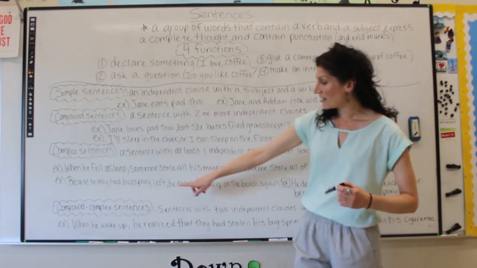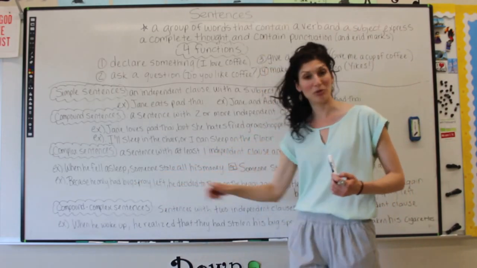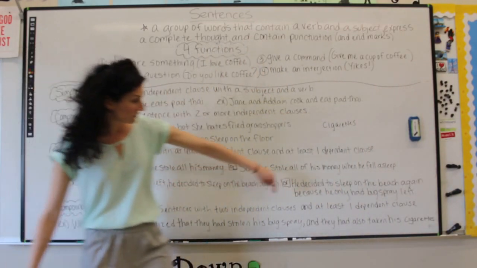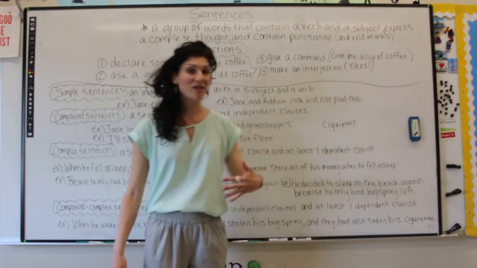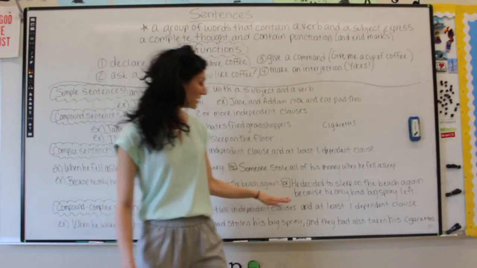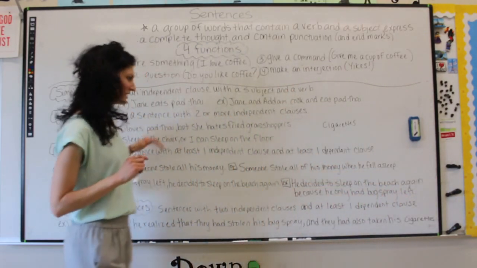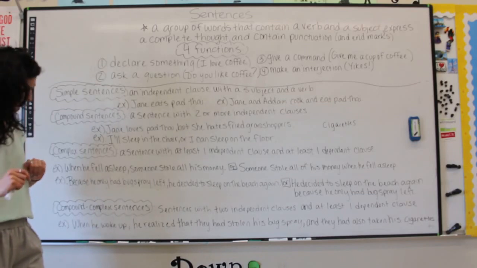So like I said, here, because the dependent clause comes first, I have a comma separating the two. But over here, he decided to sleep on the beach again because he only had bug spray left. I don't need a comma because the dependent clause comes last. By the way, this is actually a true story about a friend of mine, just in case you were wondering.